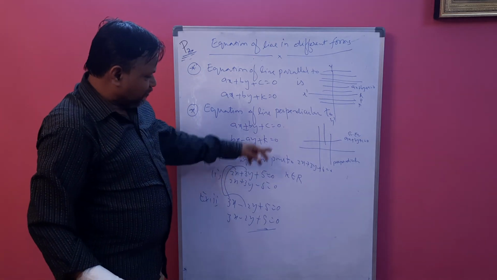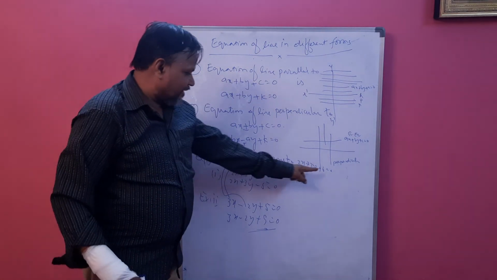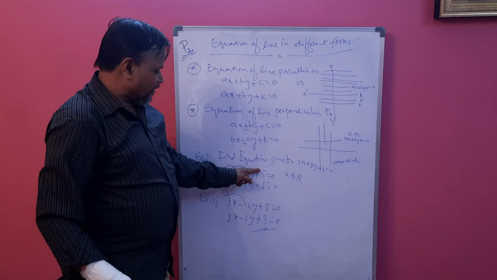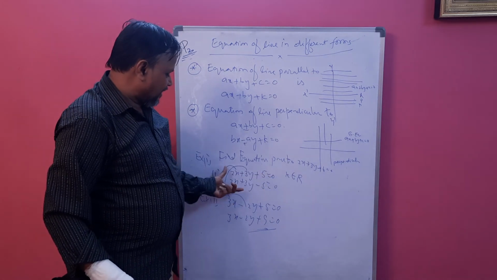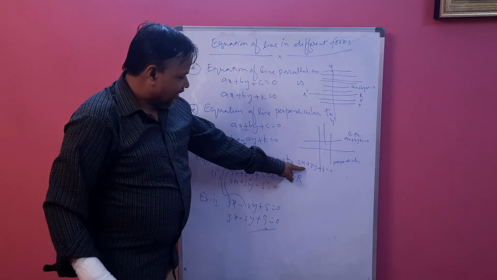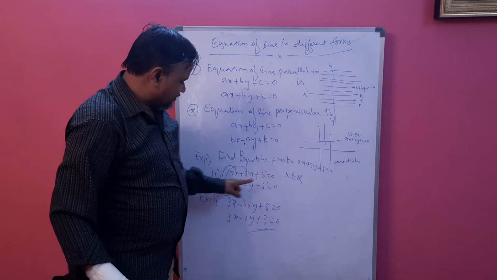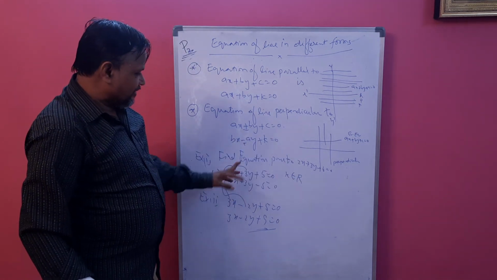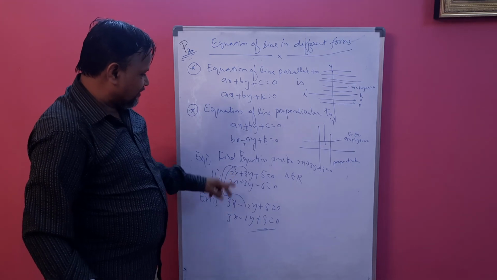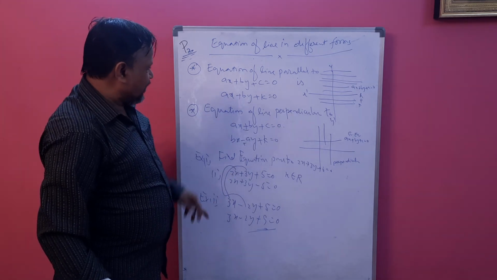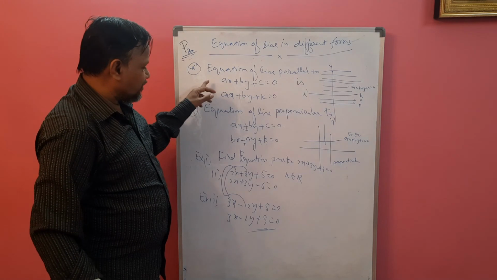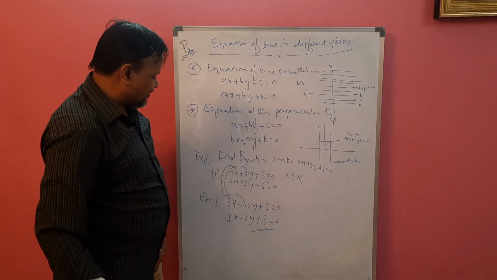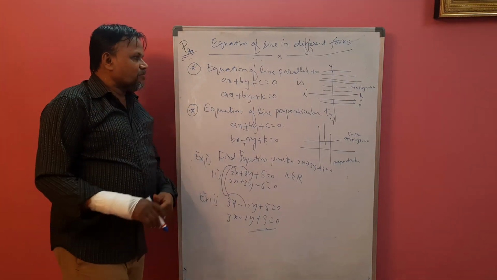If it passes through a different point, we will get the exact value of k also. Just we are supposing k is any real number. Yes, this is parallel, this is parallel, this is perpendicular, this is perpendicular. So interchanging the values, you will get a perpendicular line. If the first two values are the same and the constant changes, it is a parallel line.